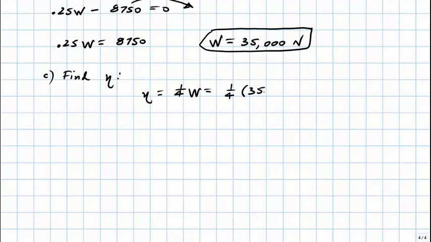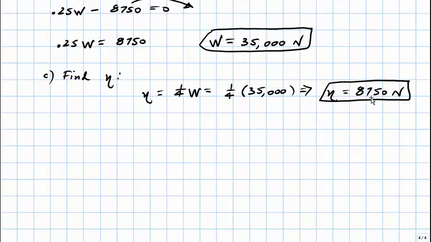Of course, the weight was calculated as 35,000 newtons, and the result equals 8,750 newtons. Which means that the road applies 8,750 newtons to the bottom of each tire.